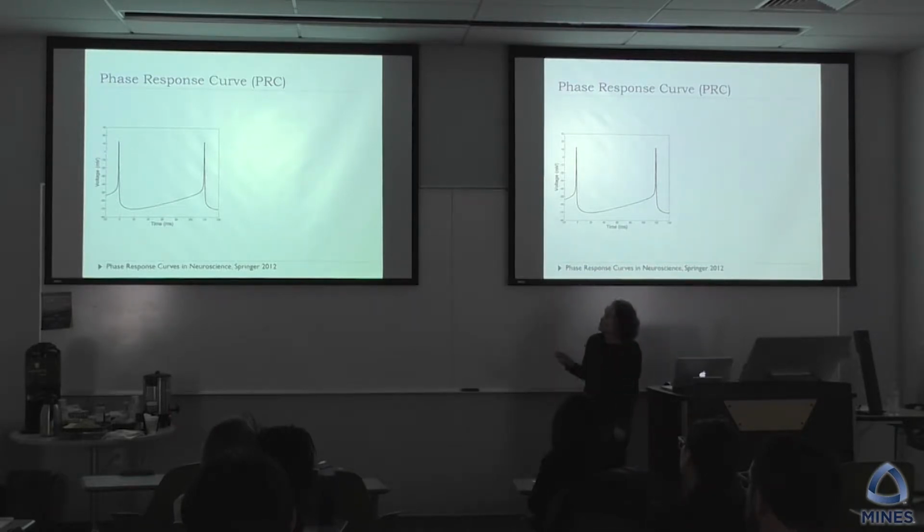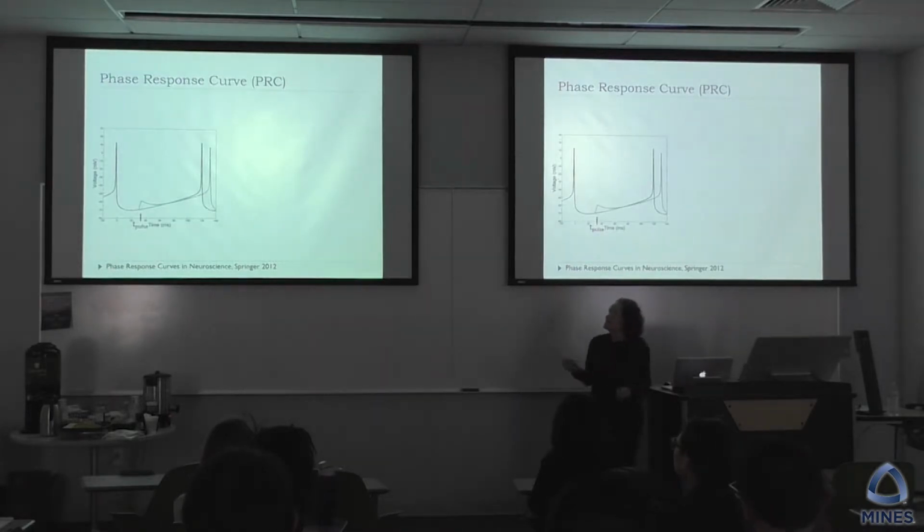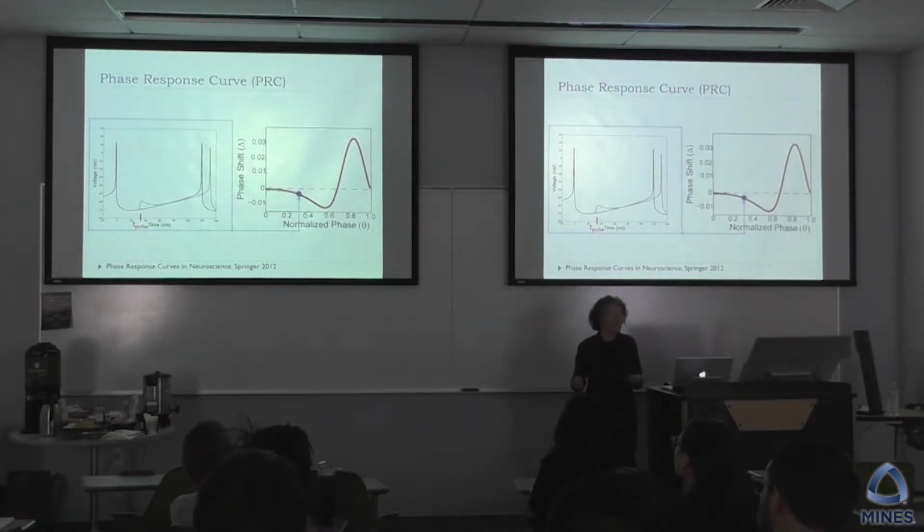The phase response curve measures the response in the timing of firing if the neuron gets a stimulus at some point during its periodic cycle. For example, here the stimulus arrives, and the dashed line shows the change in the voltage trajectory over time in response to the stimulus. You can see there's a change in the timing of firing. The phase response curve measures this change of firing as a function of when in the cell cycle the stimulus arrived.